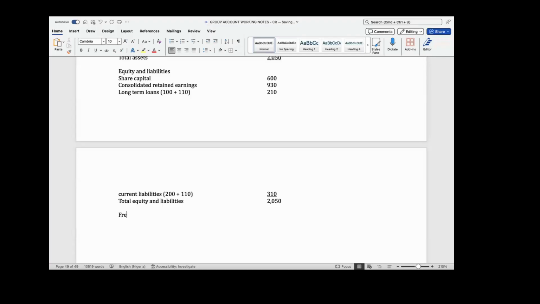So still on FREDCO, we have the consolidated statement of profit or loss and other comprehensive income for the year ended December 2017.